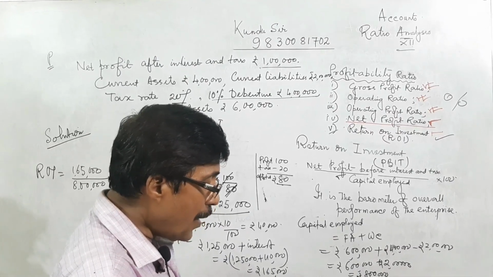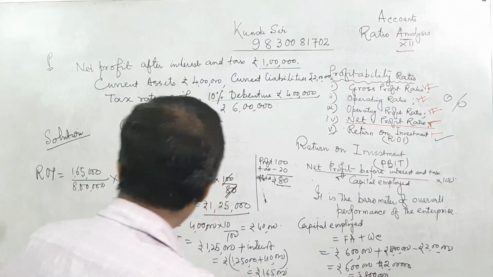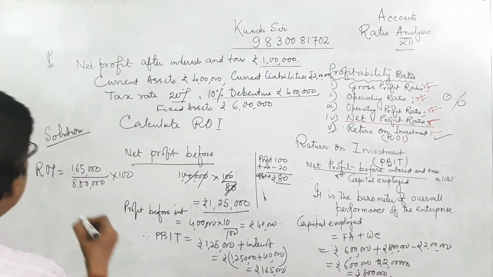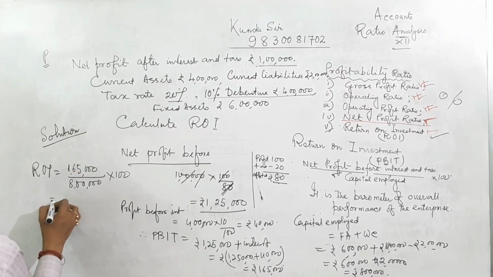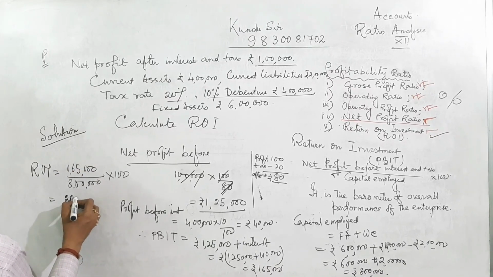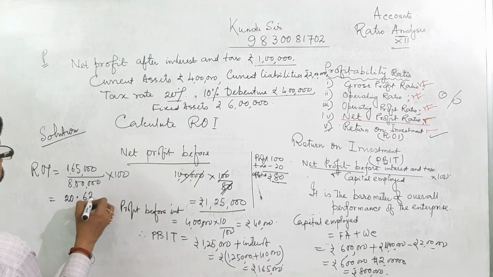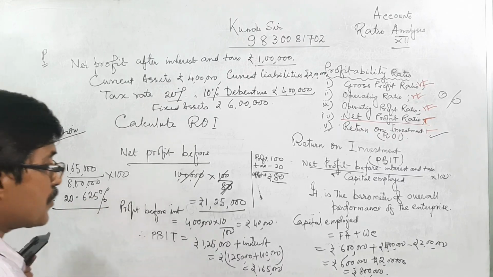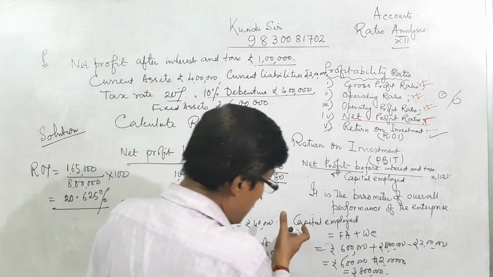That means on the basis of investment, the organization is getting a return of 20.625%. What is investment? That is their capital employed.